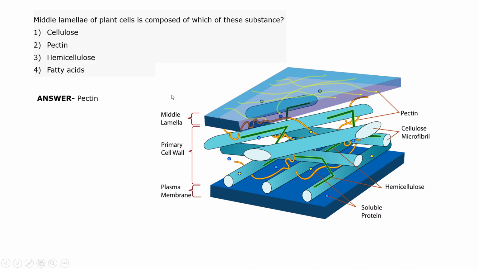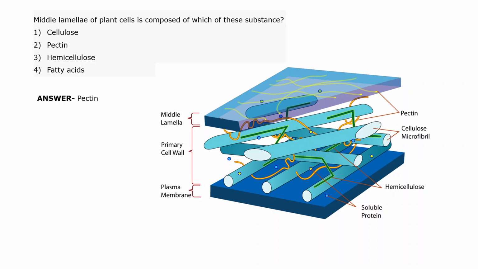Together with the primary cell wall, the middle lamella helps in maintaining the structural and functional aspects of plant cell walls. In the plasmodesmata, the outer layer is made up of the middle lamella followed by the primary cell wall. Those are some of the functions the middle lamella carries out.